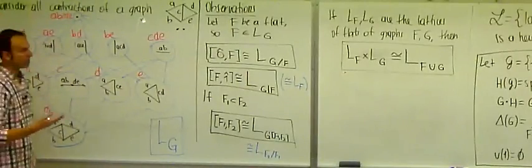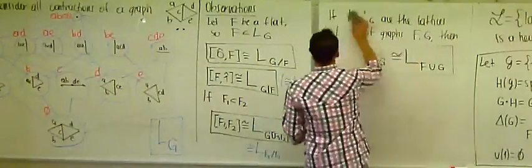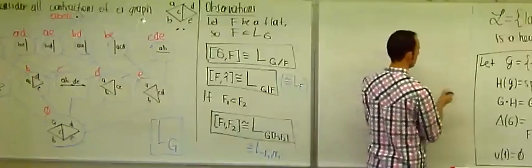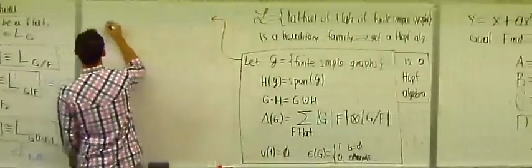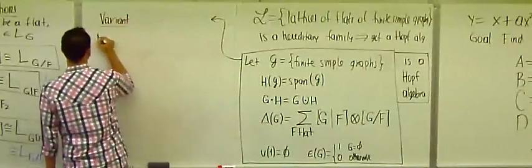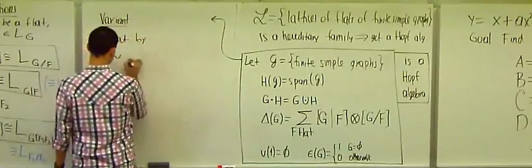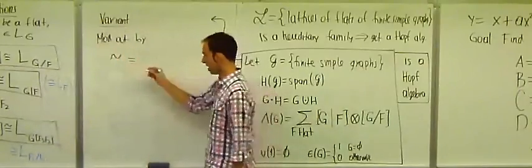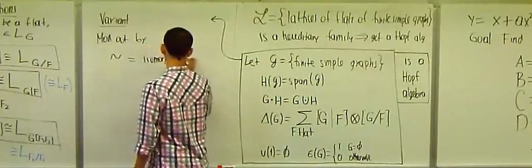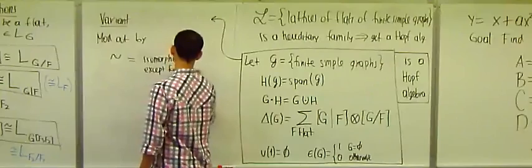Okay? And so it's actually more useful, a better variant of this, is to mod out by isomorphism except for isolated vertices.